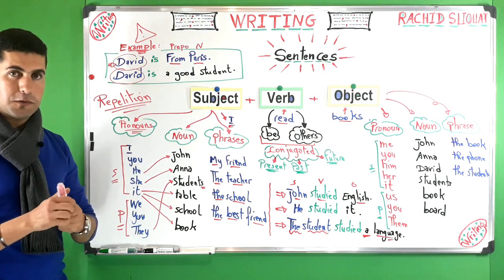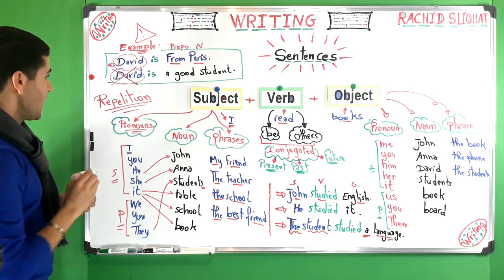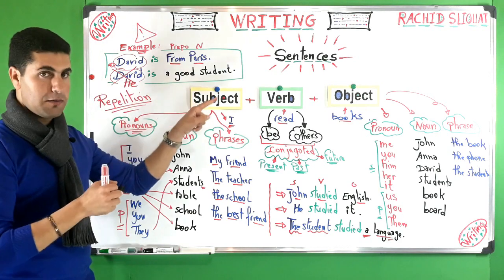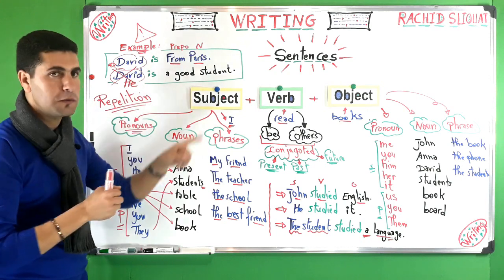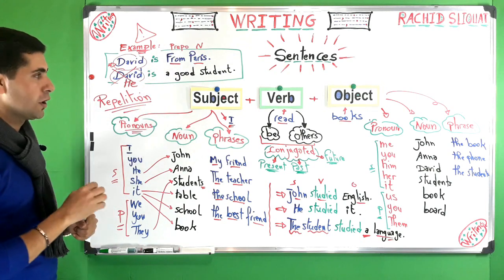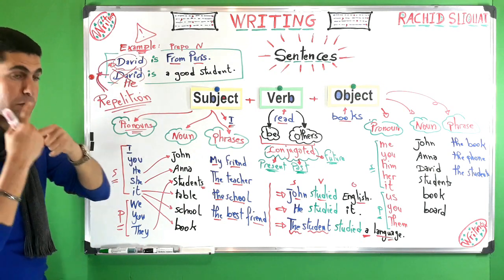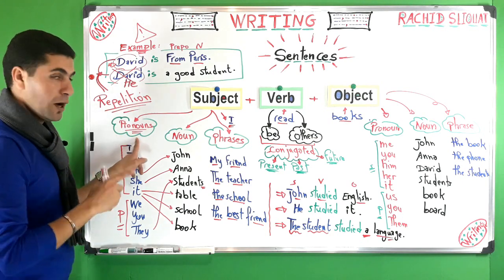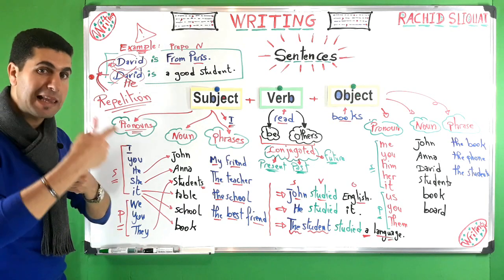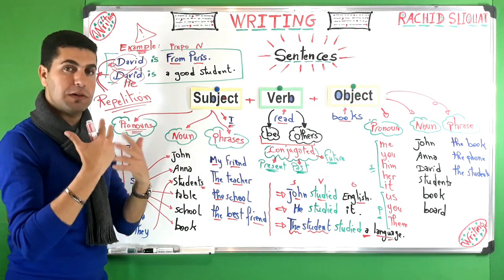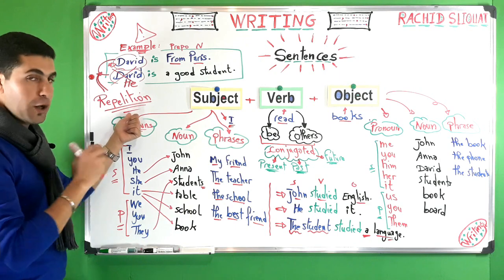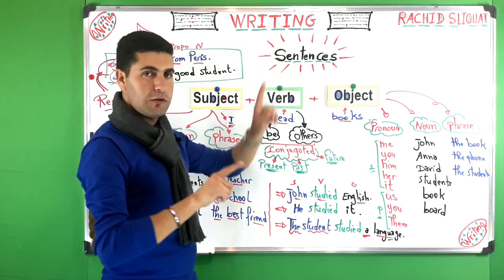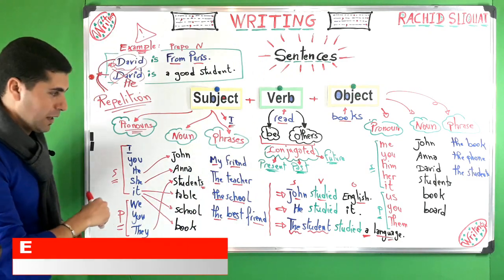We cross out David and we replace it with he. We can say David is from Paris. He is a good student. So pronouns are always used to replace the noun, to avoid repetition. And I told you before that repetition in writing is not good.